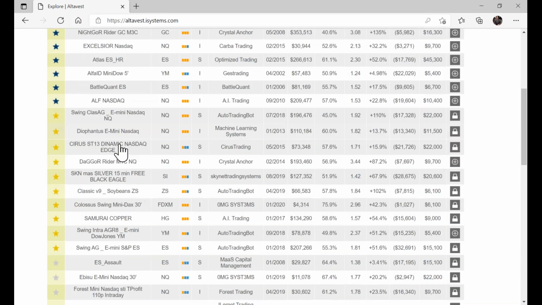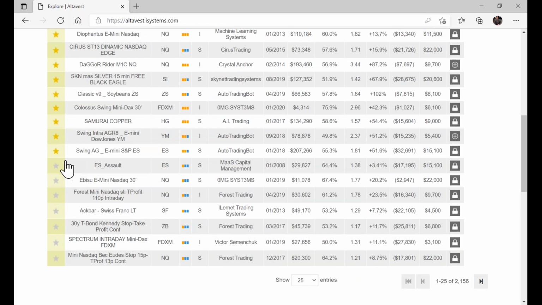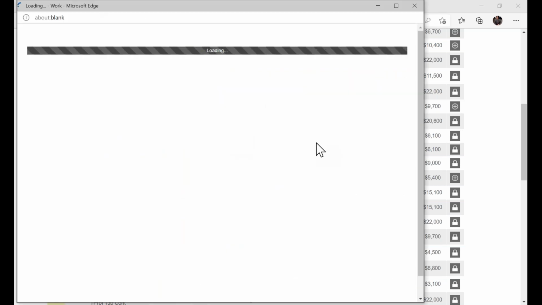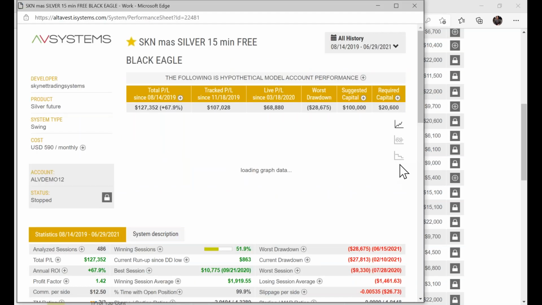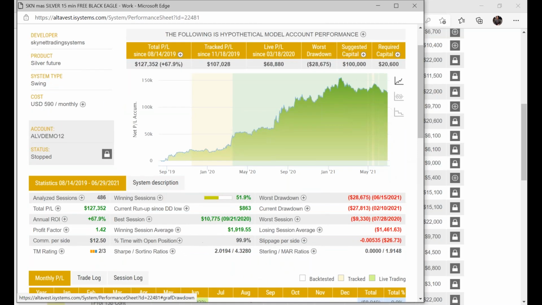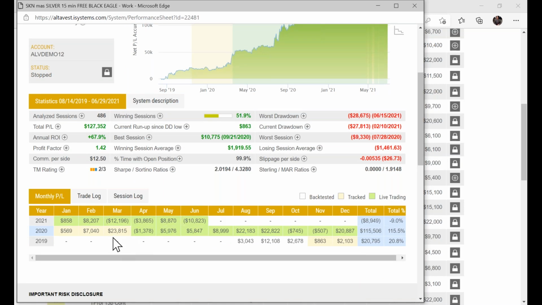And I will go ahead and look at one more here. I don't know, but let's just look at this silver. This is obviously, okay, it's kind of been flat lately, but that's okay. Just another one. Had a huge year last year.